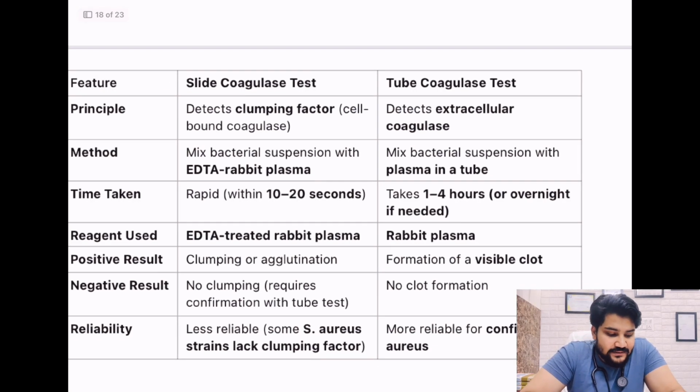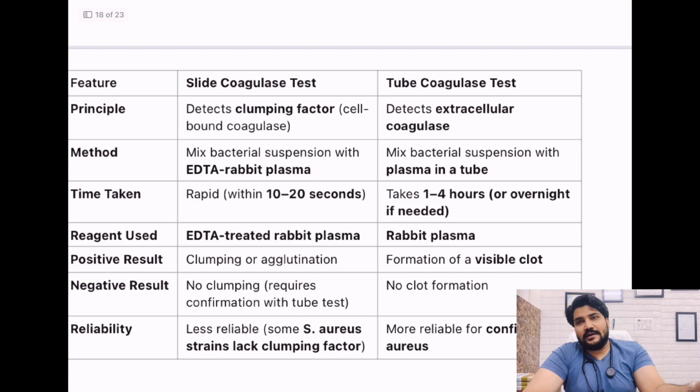Okay, slide coagulase, the principle is it detects the clumping factor, and the tube coagulase detects the extracellular coagulase. Okay, and this plasma, theoretically it is rabbit plasma, but in most laboratories we are using normal plasma. The important thing is the slide coagulase is rapid, it takes only 10 to 20 seconds, but for tube coagulase you have to wait at least 1 to 4 hours.